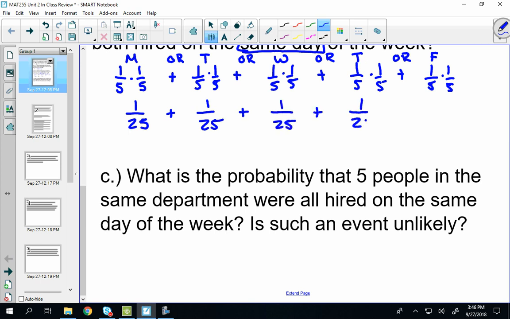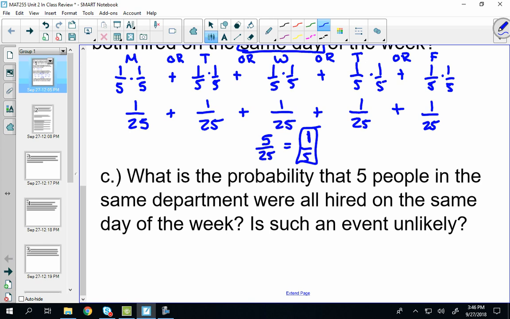When I do that, I end up with 5 over 25, which really reduces to 1/5. So it's more likely that I'd have two people hired on the same day, rather than saying they have to be hired on Thursday.